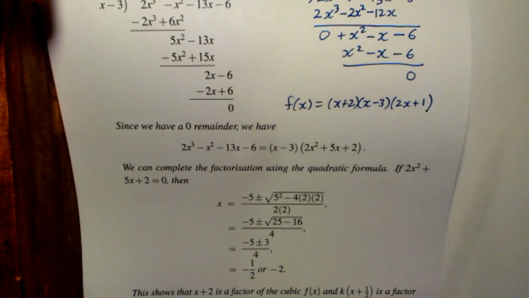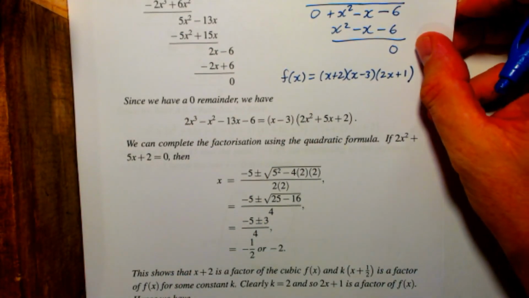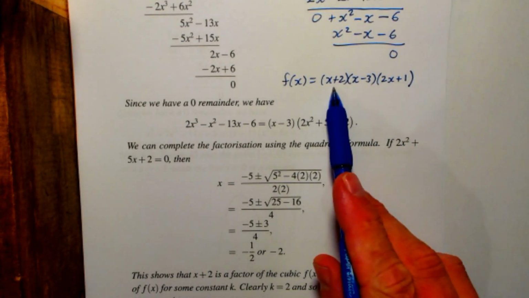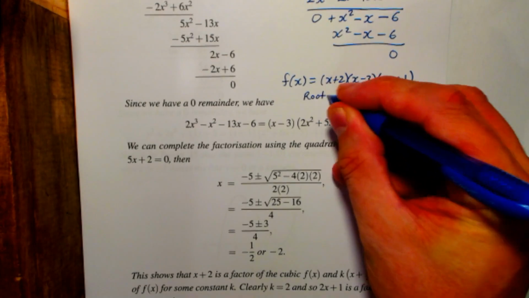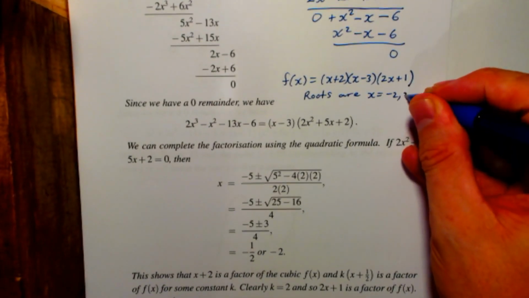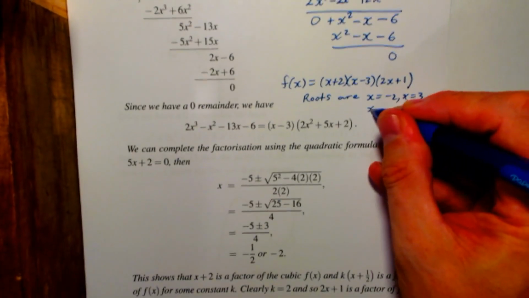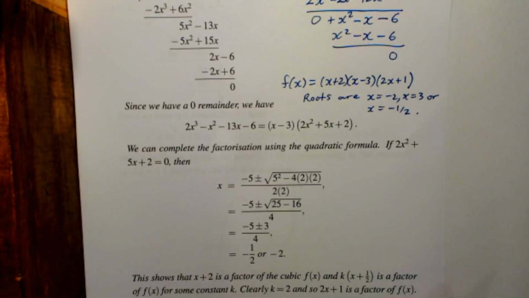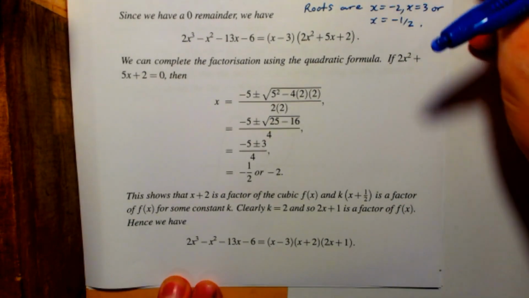So what's happened next there in the printed example is we've taken that and used the quadratic formula to solve that. But you can see from this version it's really easy to see what the roots are. So the roots just from this are x is minus 2, x is 3, or when this is 0, x is minus 1/2. Which is what we get there. Okay, great. Let's move on.